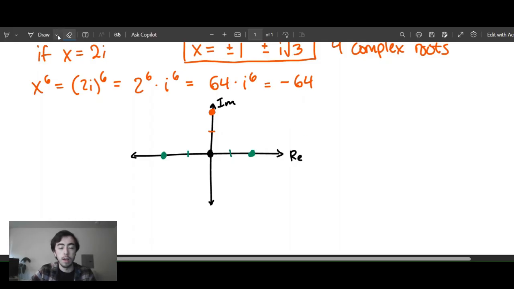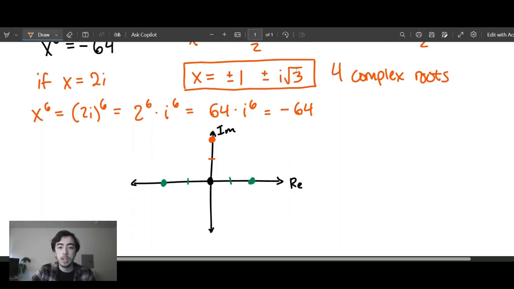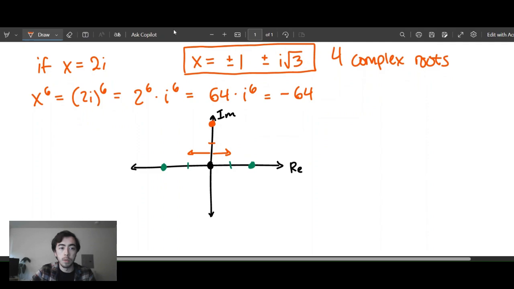And I could graph all of these ones. This says I have a real part of 1 or -1, so that means I'll move left or right by 1 unit. And then an imaginary part of plus or minus i root 3. The square root of 3 is about 1.7, so it's a little bit closer to the 2 than the 1. And so I'm going to roughly sketch them here.